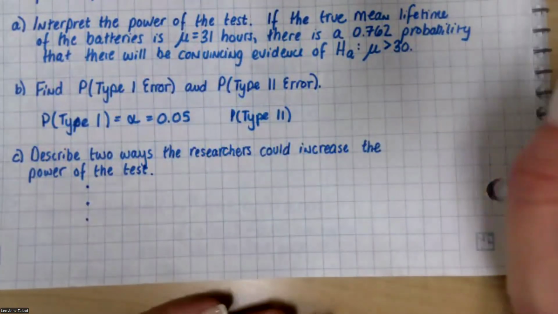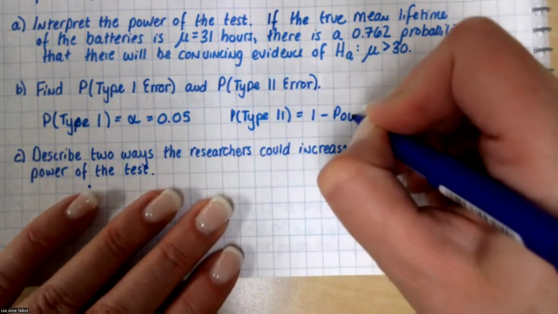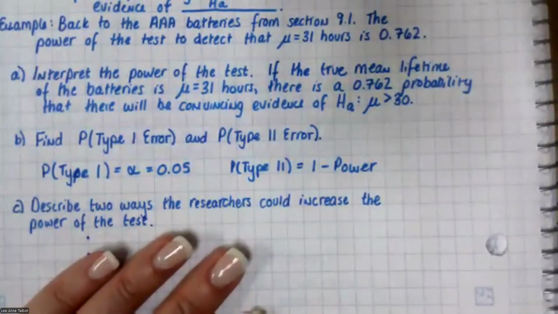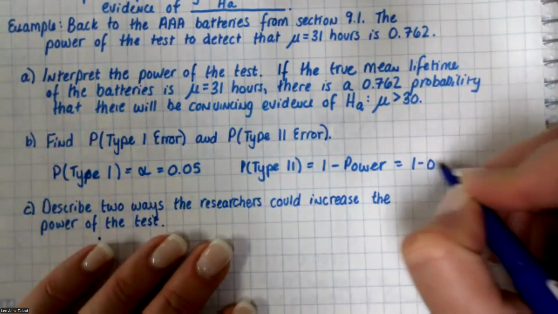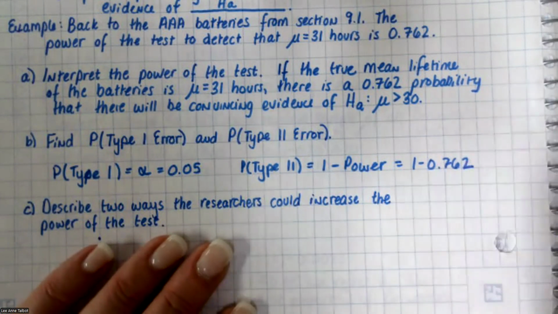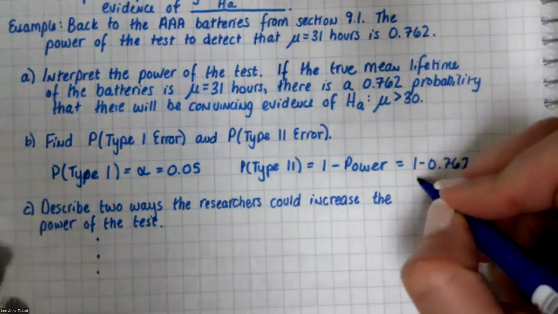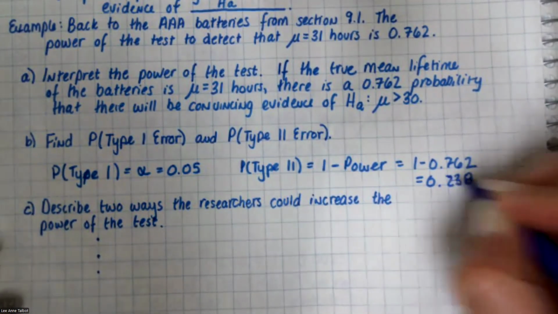Power is the complement of a type 2 error. So that means it's 1 minus power, which is 1 minus 0.762, which is 0.238.